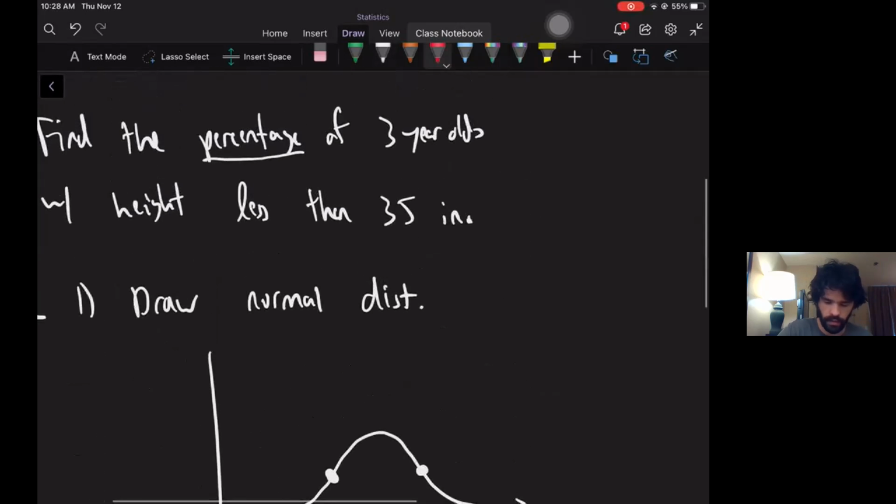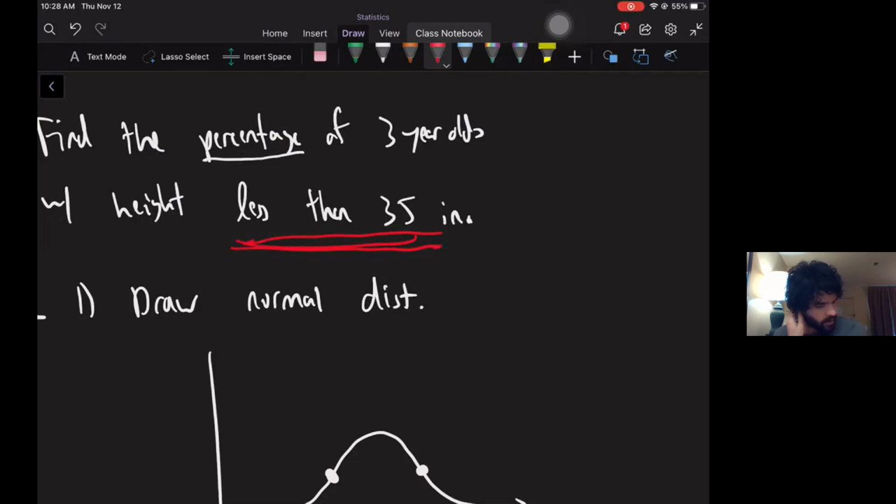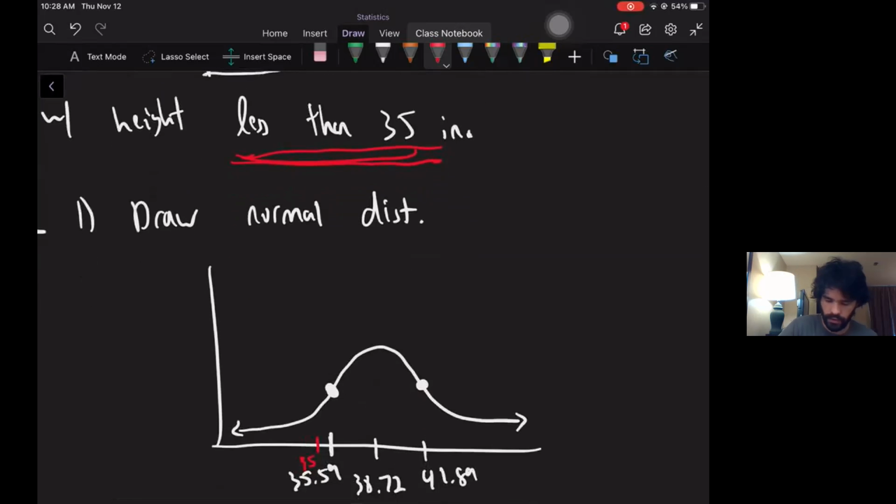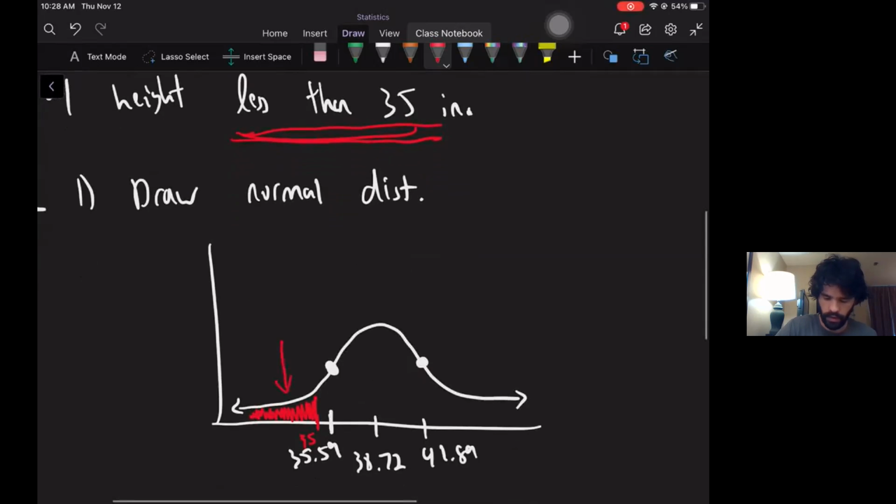Since I want less than, I want the probability that if I pick a 3-year-old randomly, the height will be less than 35 inches. That's another way of asking this question. That means I want to find the shaded area to the left of 35. So that's the area I'm looking for, and that will correspond to the percentage answering the question.